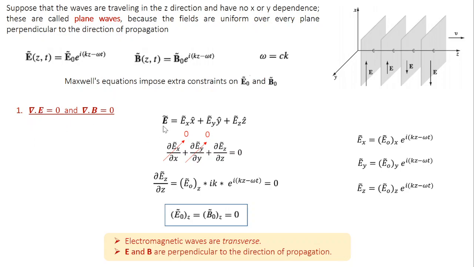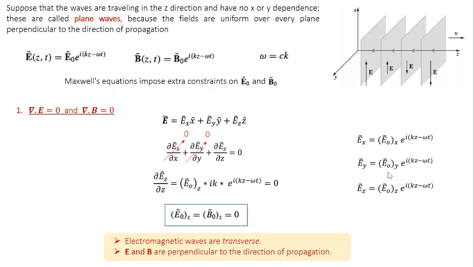The complex electric field E is also a vector, so I can write it in component form. This is Ex complex x cap plus Ey complex y cap plus Ez complex z cap, and each of these components I can write using the complex notation as Ex complex equal to E naught x complex e to the power i kz minus omega t, where E naught x is the real amplitude and this gives the complex amplitude.